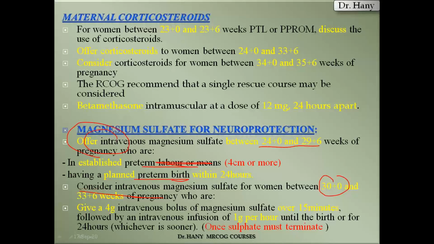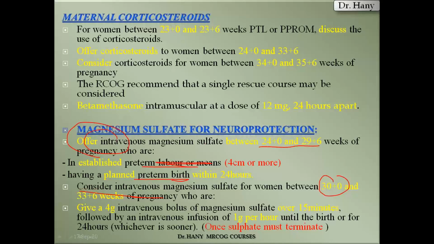The loading dose is 4 grams of magnesium sulfate over 15 minutes, followed by intravenous infusion of 1 gram per hour until birth, for 24 hours. Okay? Once you start magnesium sulfate, you should terminate.